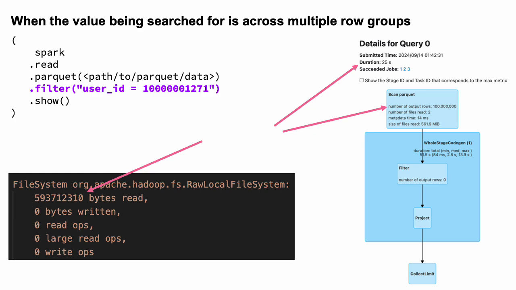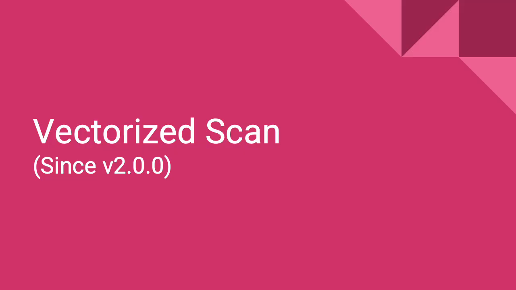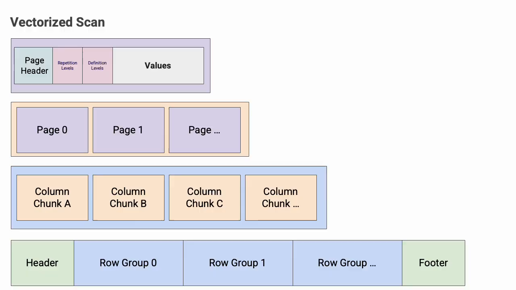One of the configurations which was introduced in Spark version 2 was vectorized scan. Well, this does not reduce the amount of scan, but what it does is it tries to read multiple values of a column at one time. So this is the structure we discussed in the beginning.